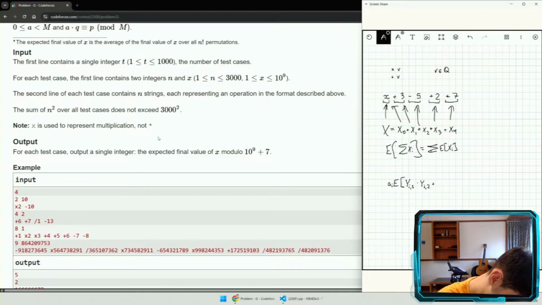But it's now a product, and this is annoying because the same rule that I used up here doesn't hold for products.